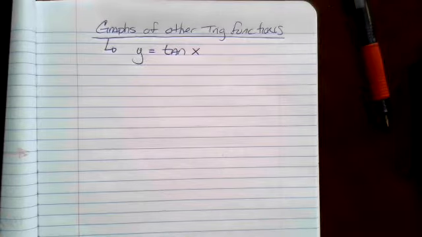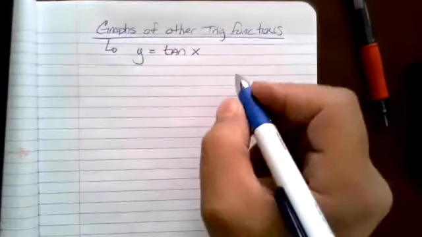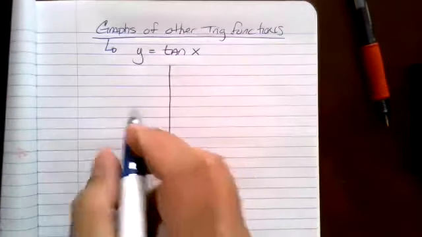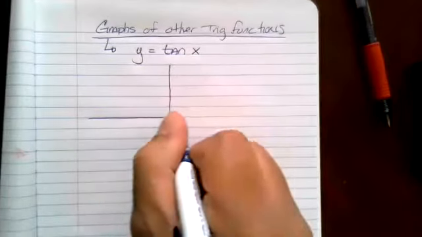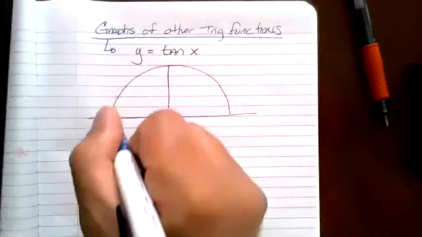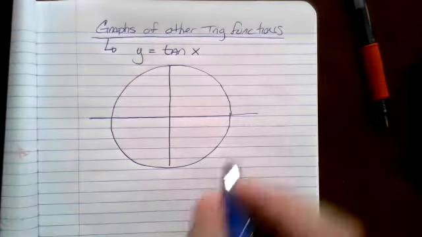So if we want to graph tan, well, we should derive how this is going to occur. So let's review the unit circle again, because I like to have a clear understanding of where these values are coming from. Well, that's a good circle.